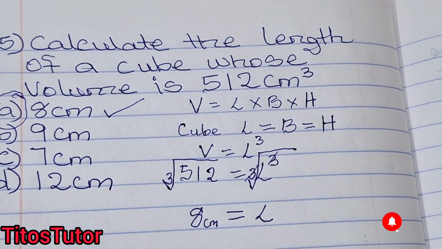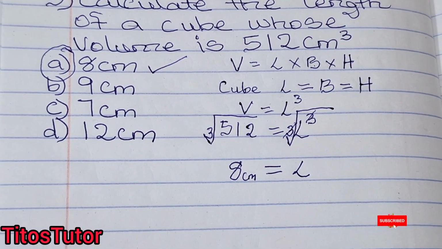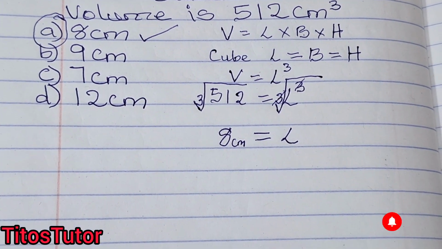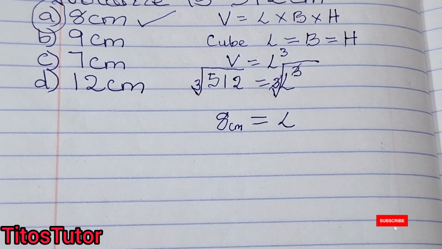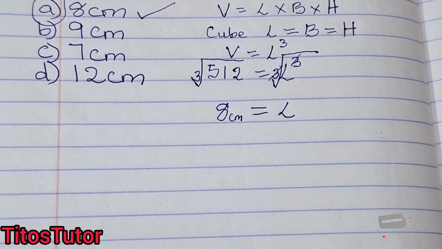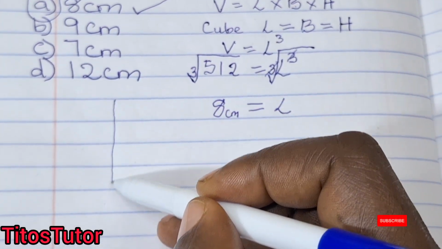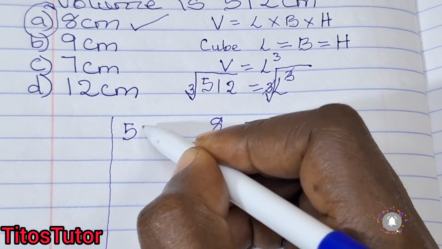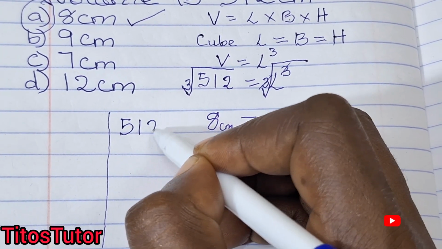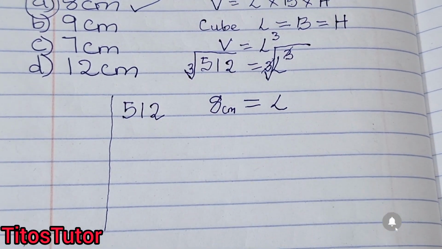But if you can't remember that the cube root of 512 is 8, you can quickly solve it. How do you do that? Just divide, do your LCM line method, and keep breaking down 512 all the way down to 1.